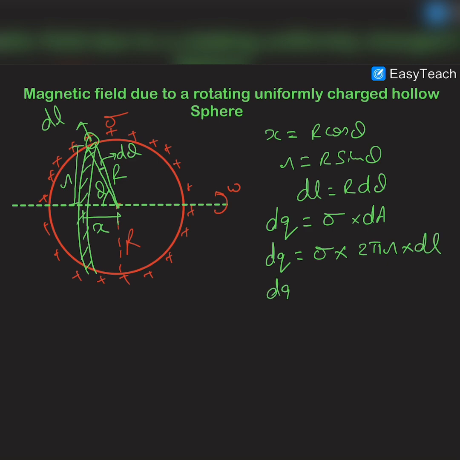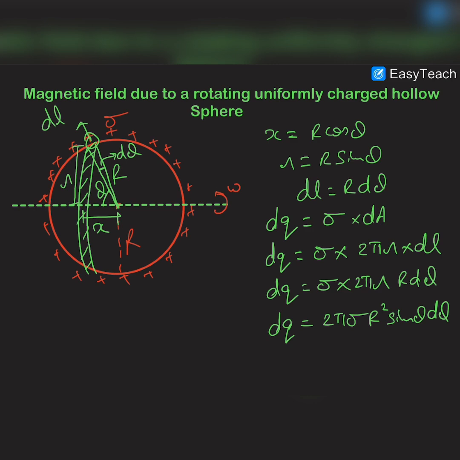So dq will be equal to sigma into 2 pi r, and dl will be R d theta, and small r is R sin theta. So dq will be equal to 2 pi sigma R square sin theta d theta. So this will be the charge on this small ring.